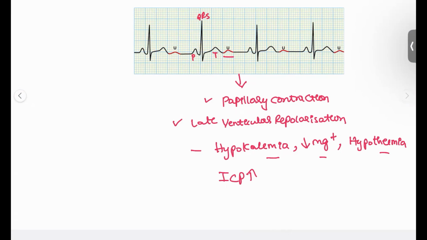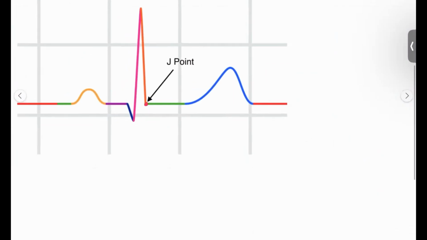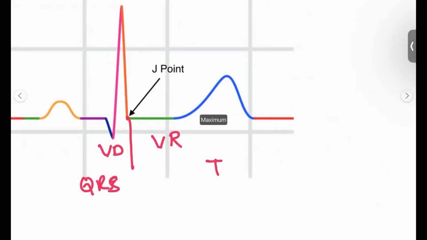So next is the J point. What is the J point? Always remember, the J point is the junction between ventricular depolarization and ventricular repolarization. So this differentiates the ventricular depolarization point from the ventricular repolarization point. The J point is normally on the isoelectric line. But if the patient is presenting with chest pain or any pathological condition, the J point is elevated from the baseline.